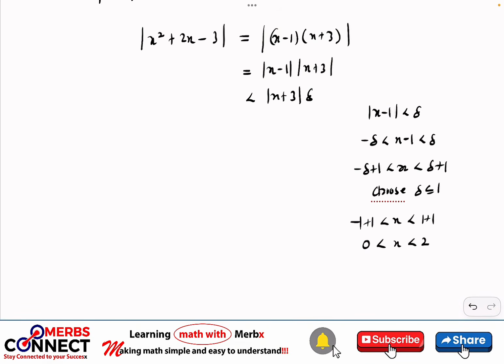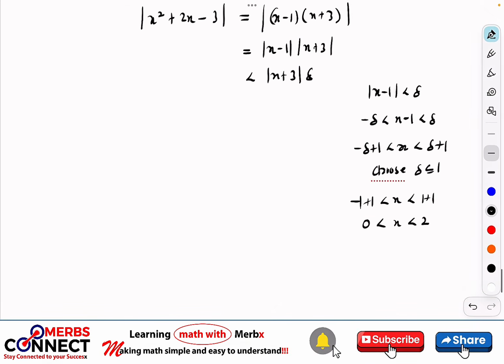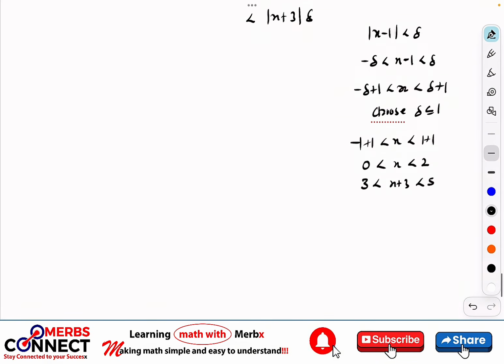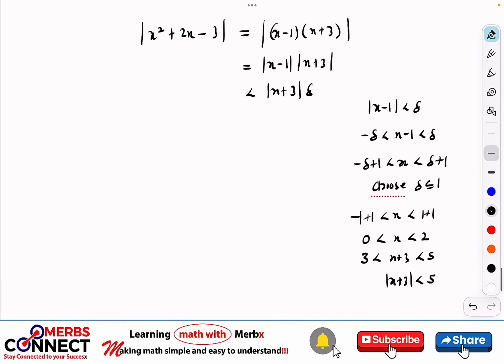Now we want to make sure that this is x plus 3. So we are going to add plus 3 throughout. So this is going to be x plus 3, and this also plus 3. When I do it, I'm just going to have x plus 3 less than the max, which is 5. So it means that here, I'm going to replace this one by 5 and have 5 delta, right?